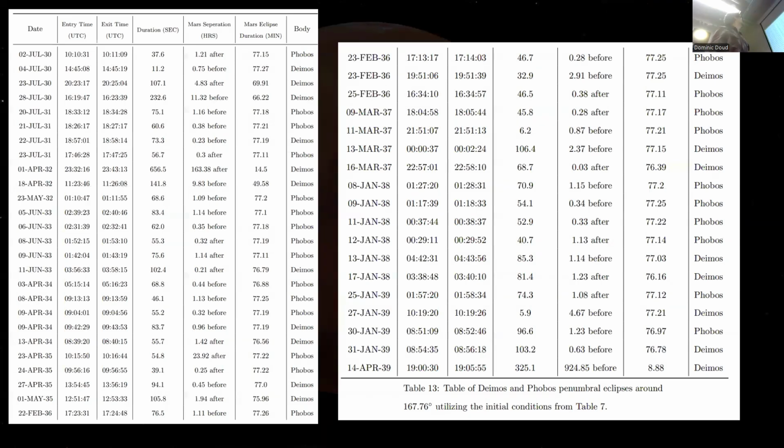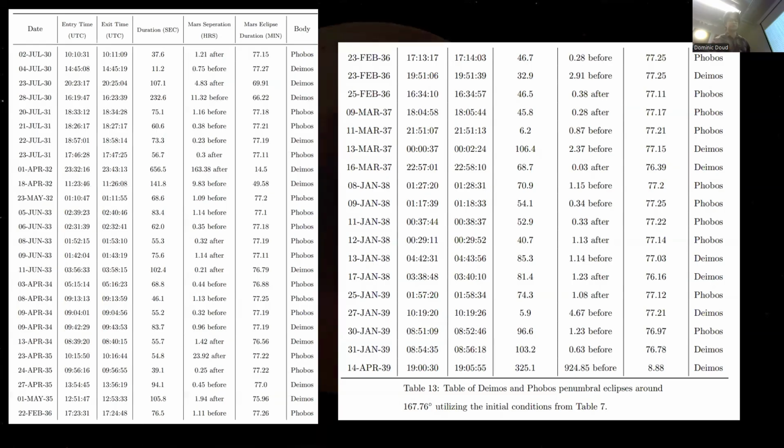Here's a little fun bit. Spacecraft operators don't use these plots. Well, they might. They use tables most of the time. This table is awesome. I love this table. The first column represents the date of an eclipse occurring, the entry and exit time, and the duration for that body, which is either Phobos or Deimos. And it shows how close Mars's last eclipse was, or after it will be, and the duration of that eclipse itself.